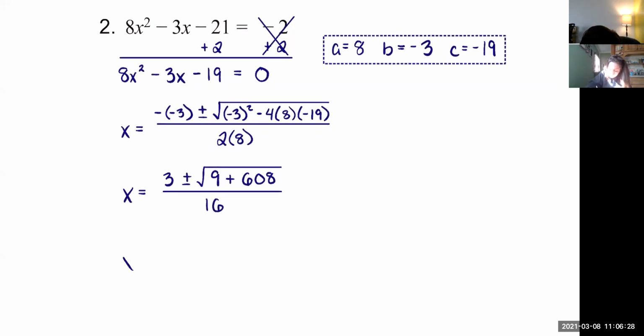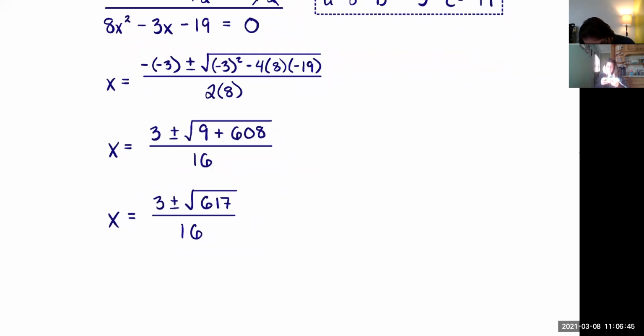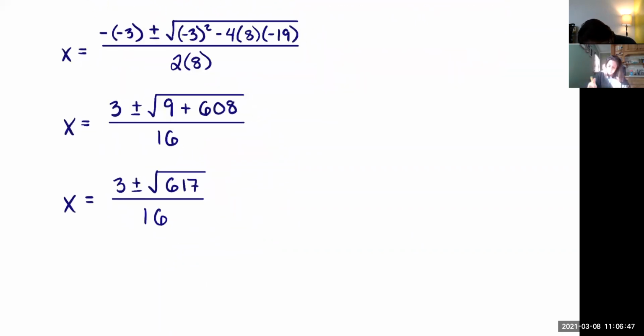We keep going. We still have some things we can combine inside the square root. So I'll have 3 plus or minus the square root of 617 when I add the 9 and the 608. Still over 16. Now we grab our calculator yet again, and we need that approximate value of 617. 24.84.